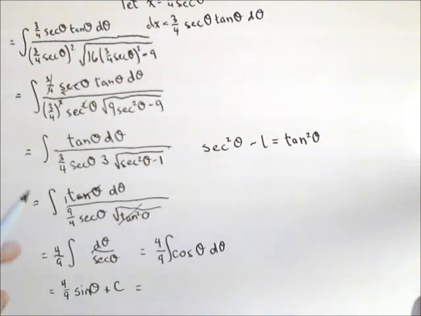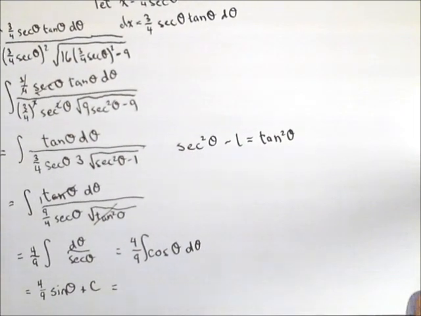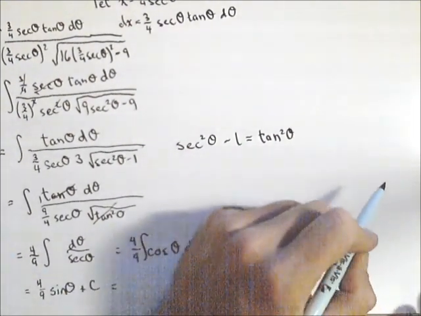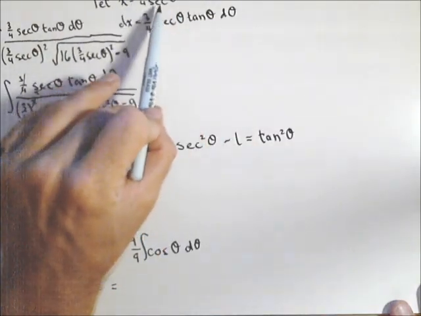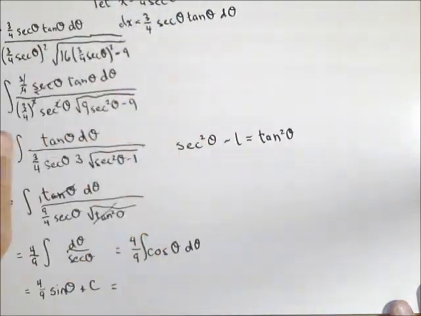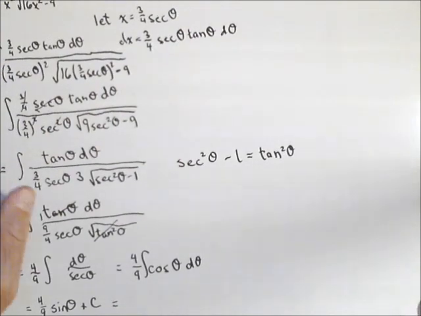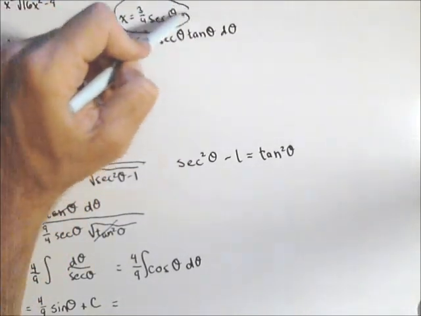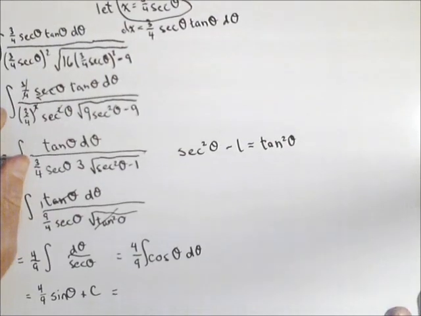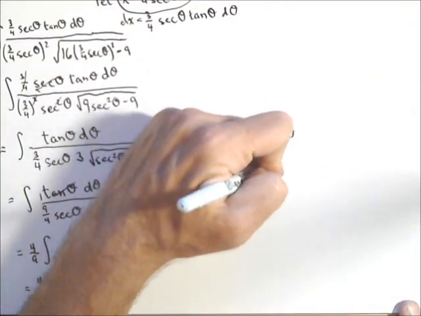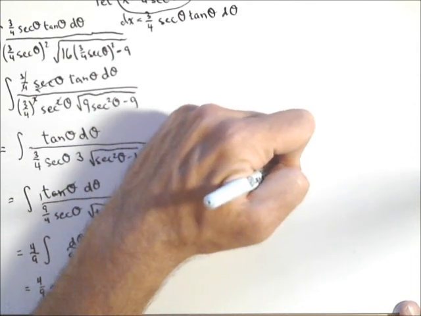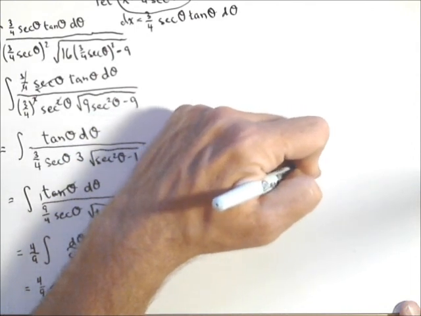Alright, now the way that I like to do that, we'll come over here. I like to make my right triangle. Now I know that x equals 3/4 secant theta. So we know that x equals 3/4 secant theta.